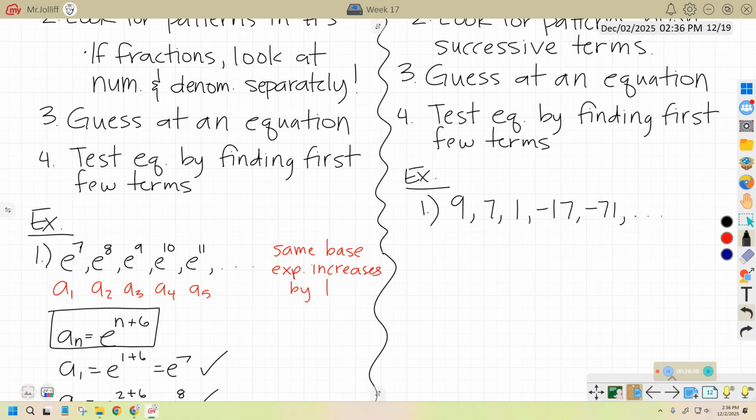That is a weird pattern. It is a weird pattern. And that's okay. That's okay.